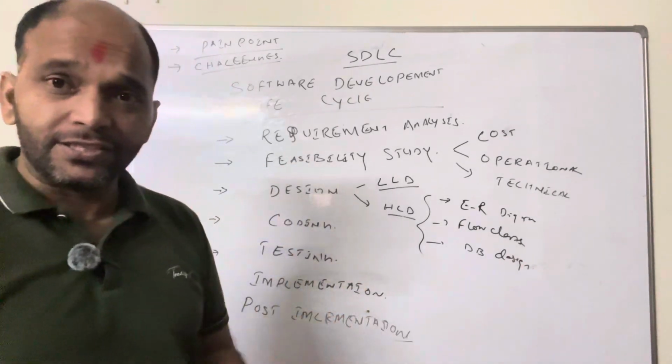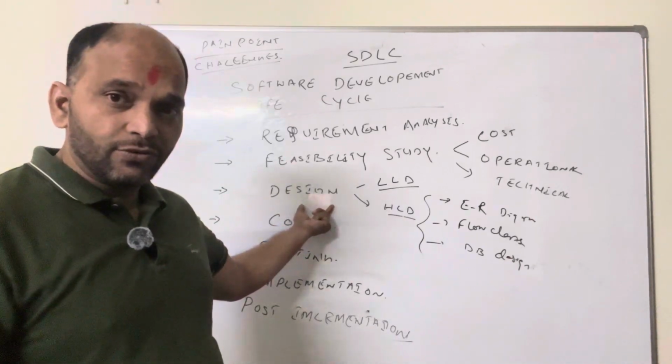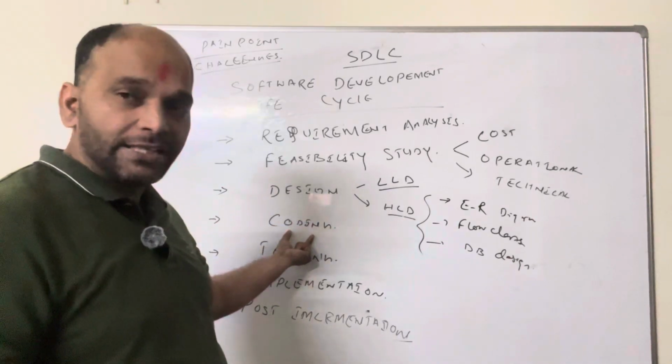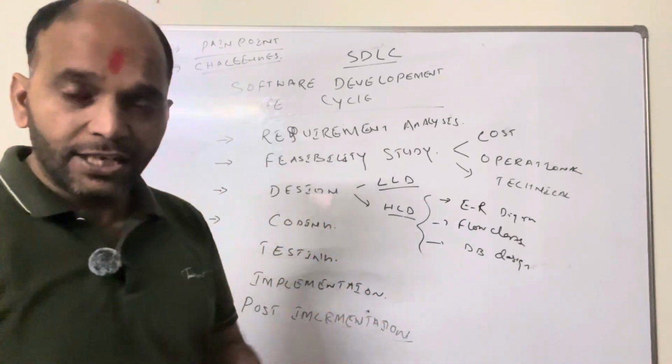Once the design phase is completed, it will also generate a few sets of documents that will be consumed by the people who are working on coding, and these developers will start doing their coding part.